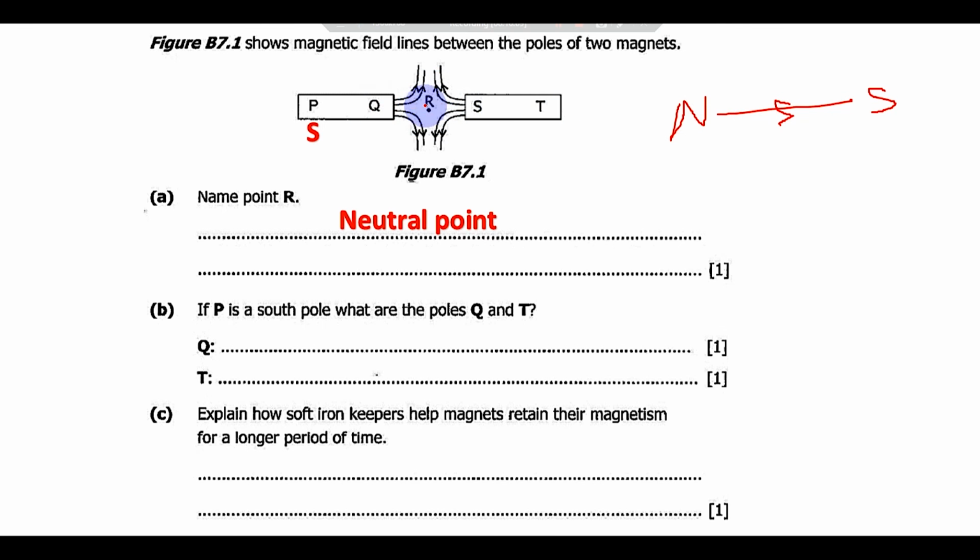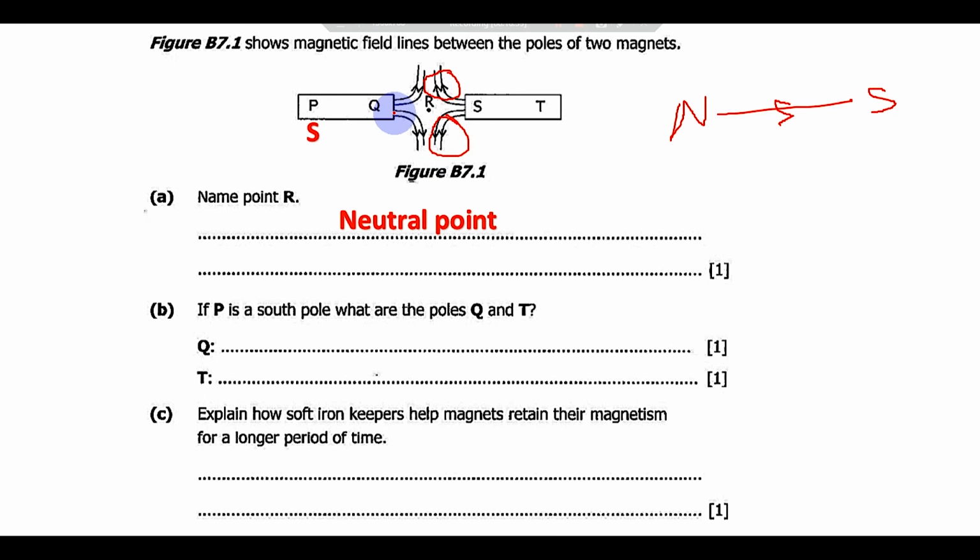So if you look at the two magnets here and their magnetic field lines, they are both pointing away from these ends. This simply means these are the north poles, because magnetic field lines point from the north to the south. So Q here should be a north pole. Even S should also be a north pole, because look at the arrows here.